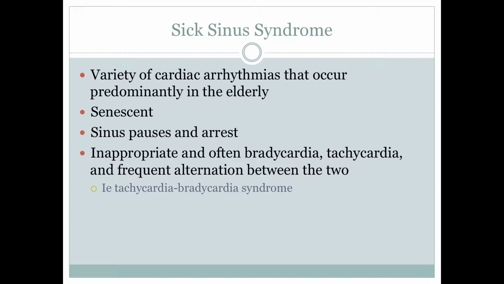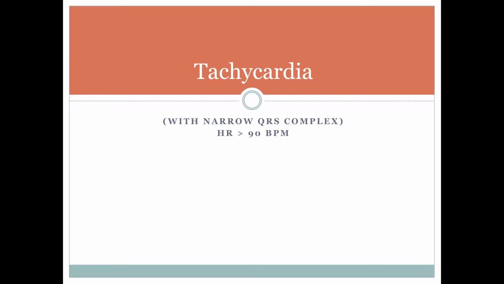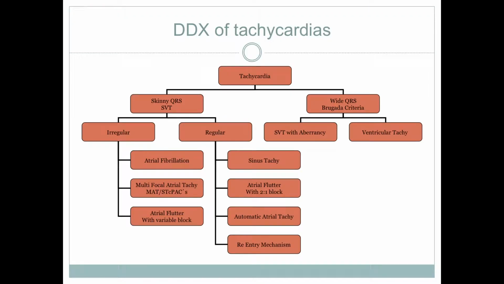So moving into tachycardia, again, we're going to be looking more into regular rhythms and something that has narrow QRS complexes, the definition of tachycardia being any heart rate greater than 90 beats per minute. Looking at this diagram, there's different kinds of tachycardia.